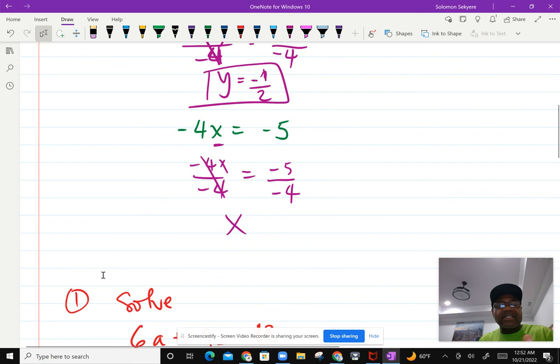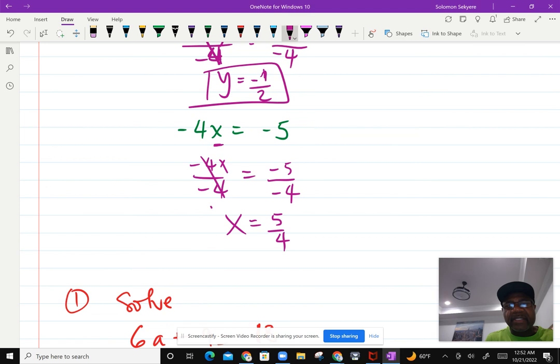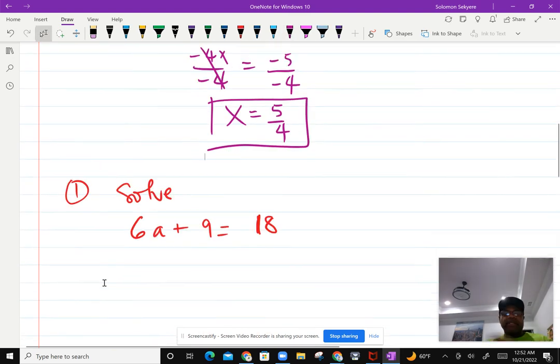You're looking at a number that's not that neat. You don't like it because it's just odd, 5 over 4. You expect whole numbers. No, be bold, persevere, don't quit. Negative 5 over negative 4 is 5 over 4. Negative divided by negative is positive.